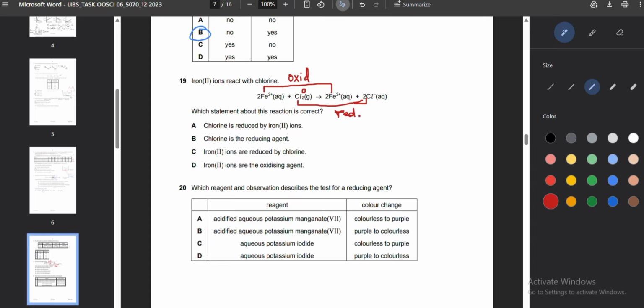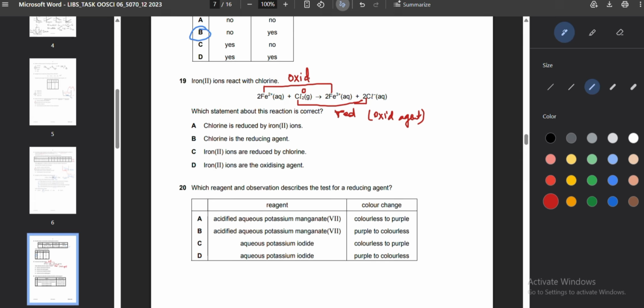Chlorine is undergoing reduction, so it can act as an oxidizing agent, because it can oxidize others, and itself it gets reduced.